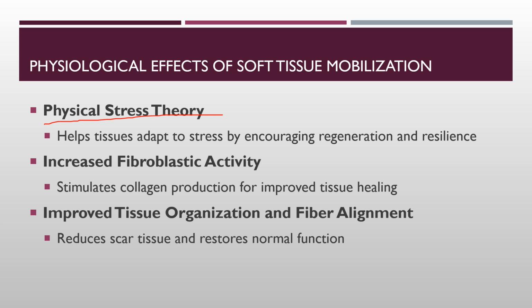So maybe soft tissue mobilization is going to be the first type of stressor that we introduce to our patients before they get into strengthening, before they get into aggressive stretching techniques. We need to use these appropriately and ensure that we are getting the correct response. This physical stress theory helps tissues adapt to stress by encouraging regeneration and resilience.